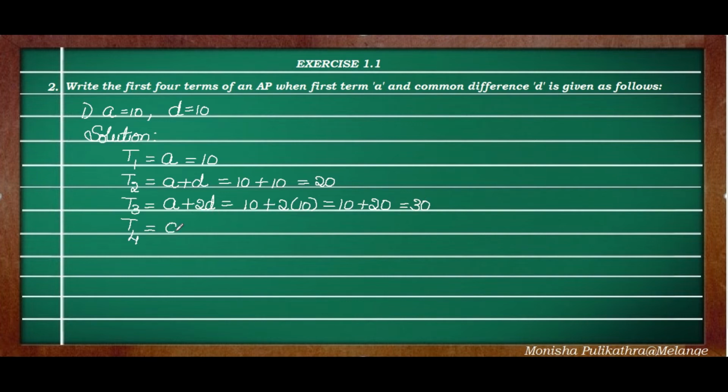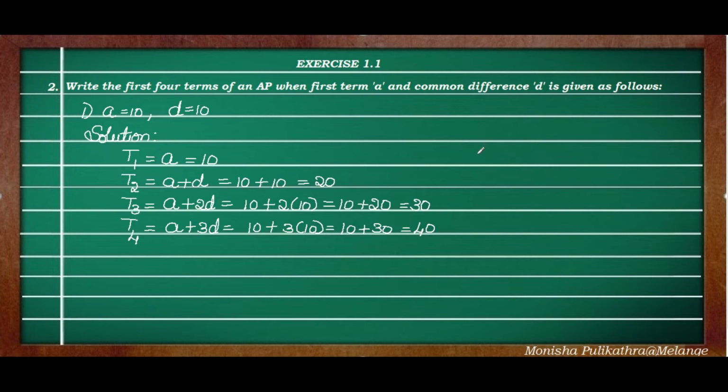So next, T4 is given by A plus 3D, which is equal to 10 plus 3 into 10, which is equal to 10 plus 30 is equal to 40. So this is the way of finding out the first 4 terms of an AP.